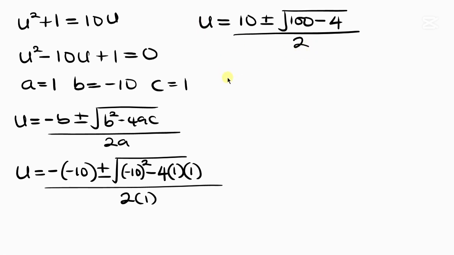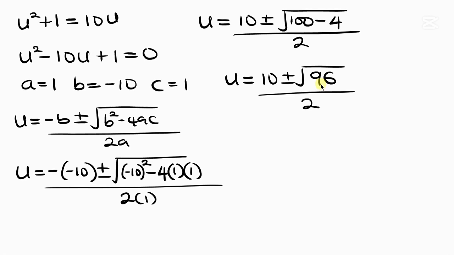So this becomes u equal to 10 plus or minus the square root of, now 100 minus 4 is actually 96, all over 2.